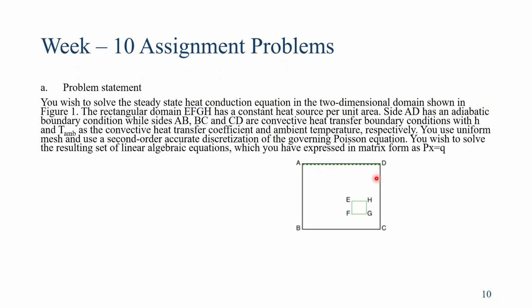AD is an adiabatic boundary, and AB, BC, CD are convective heat transfer boundary conditions with h as the convective heat transfer coefficient and T_amb as the ambient temperature respectively. And we use uniform mesh and a second order accurate discretization of the governing Poisson equation, and we will be solving the resulting set of linear algebraic equations, which we have expressed in matrix form as Px = Q.